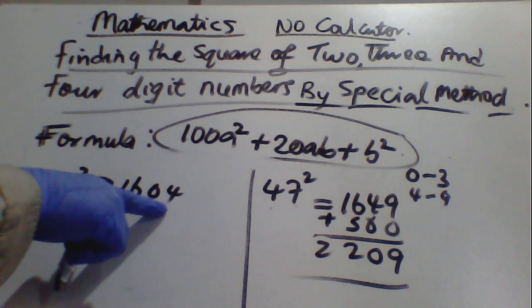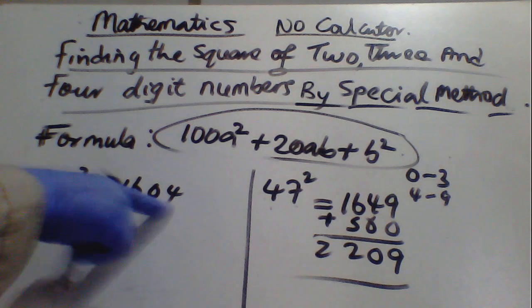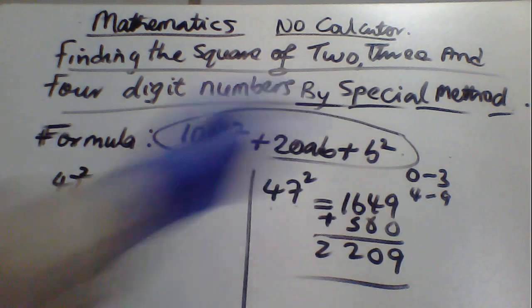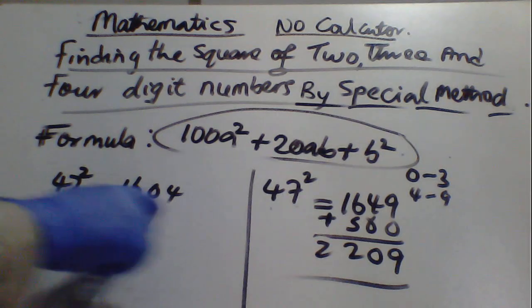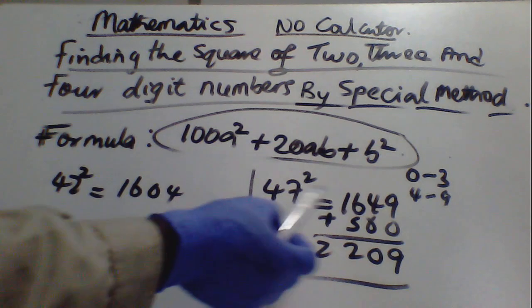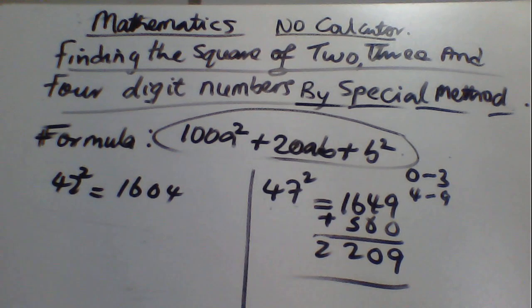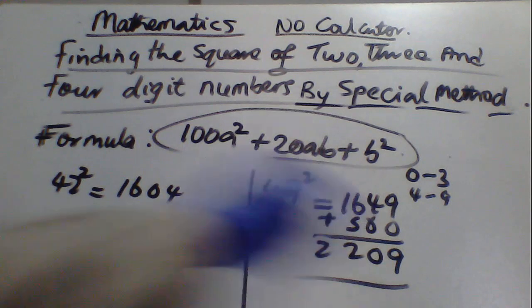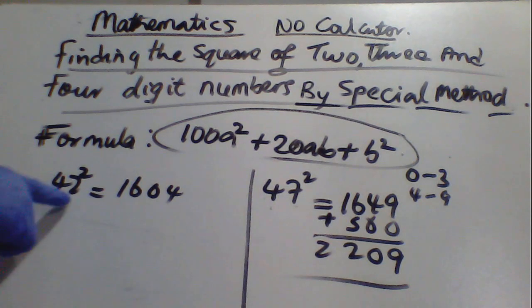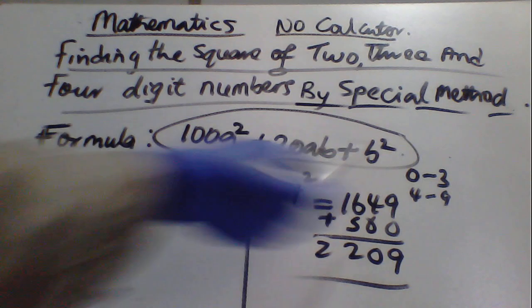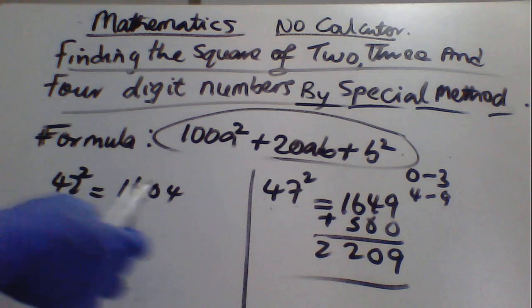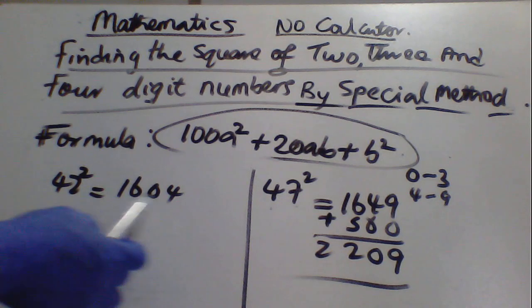Notice we only occupy the unit, because this 2 is within this range. The square of 4, times 100, occupies the tenth and the unit. So because this is in this range, it will be 1,604.